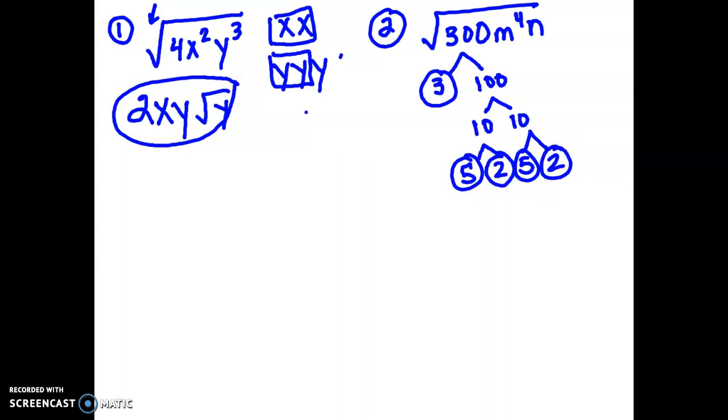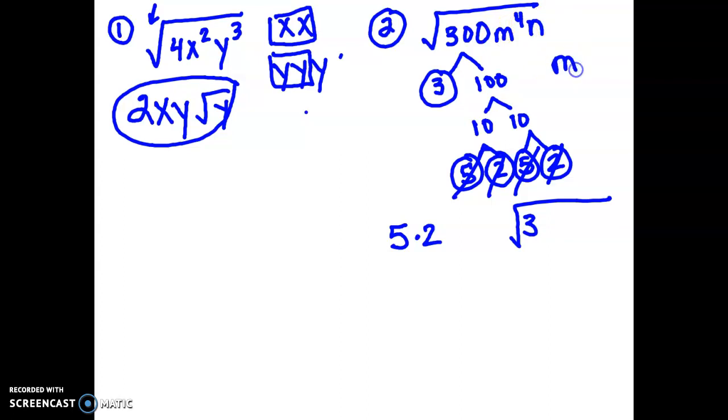Now to look for the perfect squares, notice we have 2 5s and we have 2 2s. So we're going to take the 5 out, there's our pair of 5s, and our 2 out, like that. Then left inside the radical, we just have a 3. That would be the first part with the coefficient. Now the second part, we've got m to the 4th.